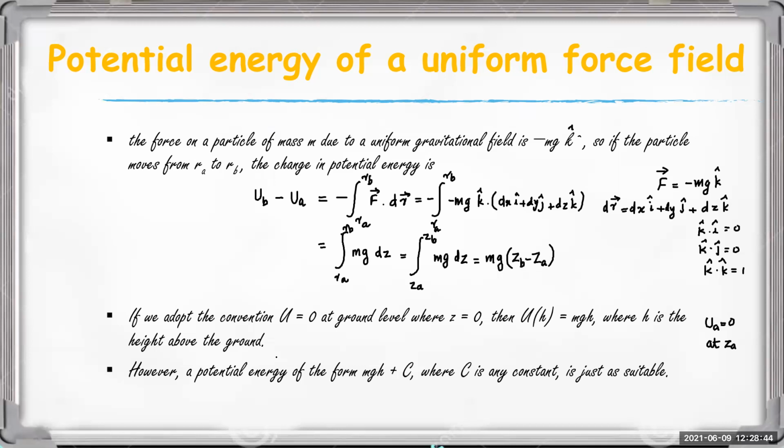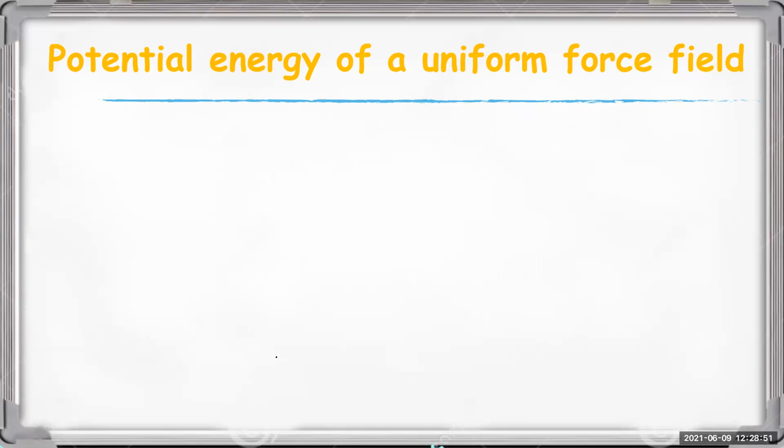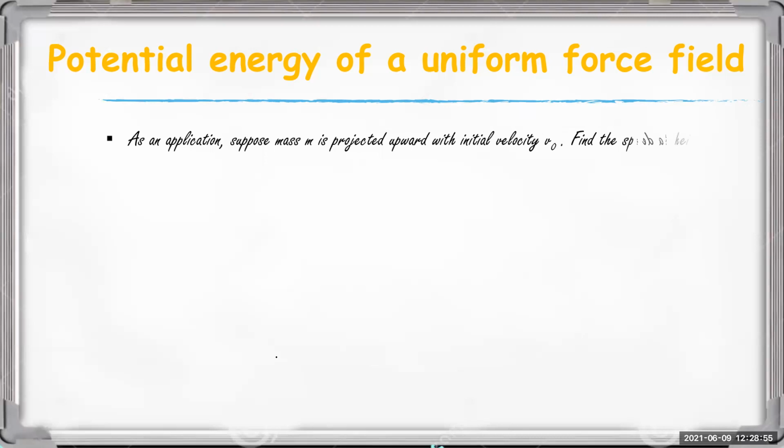As an application of this, we consider a mass m projected upward with an initial velocity v0. Find the speed at height h using the conservation of energy.